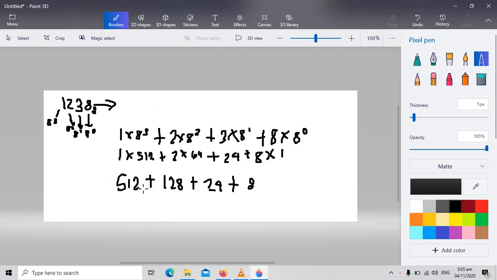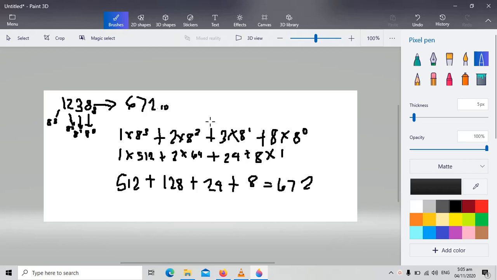Okay, 512 plus 128 plus 24 plus 8 is equal to 672. That's the decimal number of this problem.